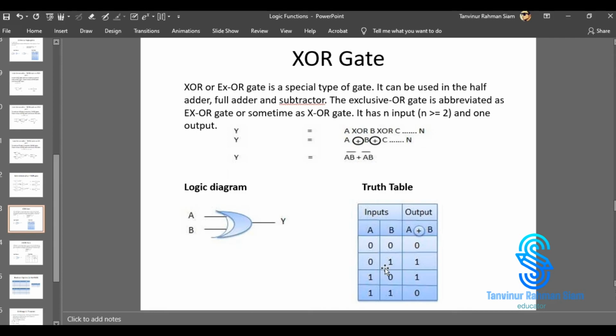For remembering the truth table, when you have the same value, then you give 0. That is 0 0 0, 1 1 0, whatever it may be. But when the inputs are not the same, then you give 1.